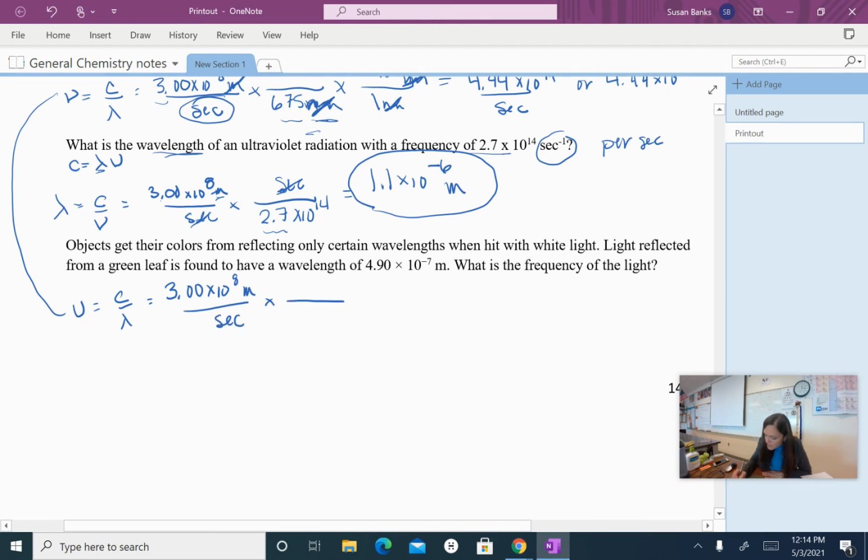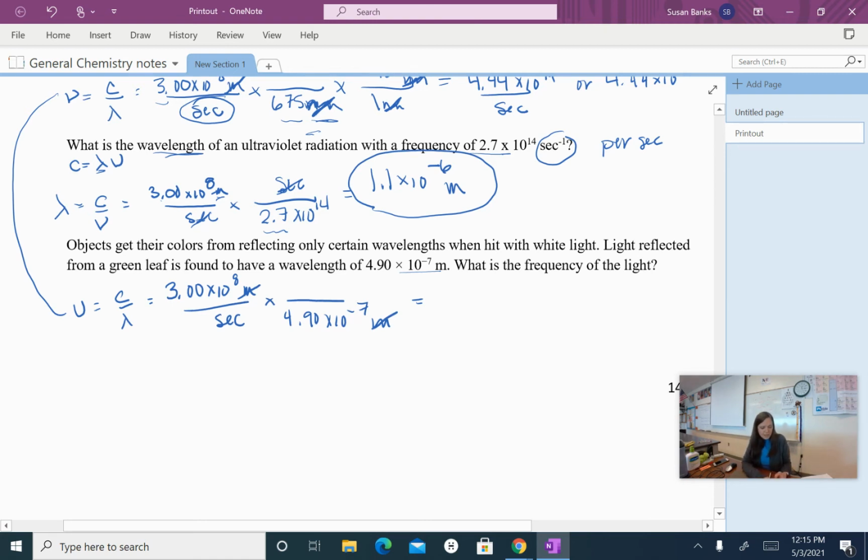And we're going to divide by our wavelength. And this time it's in meters, so we don't have to convert it. We can leave it in meters. So 4.90 times 10 to the negative 7 meters. And that means our meters cancel out. So we're left with per second, which is exactly what we want for our frequency.